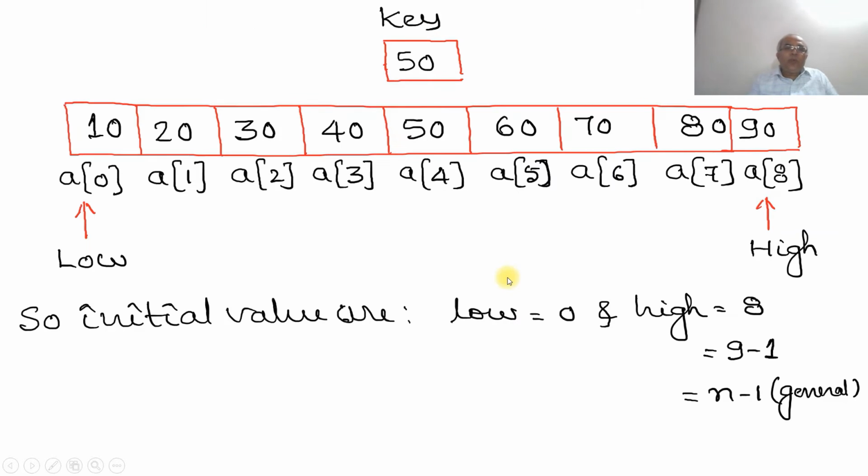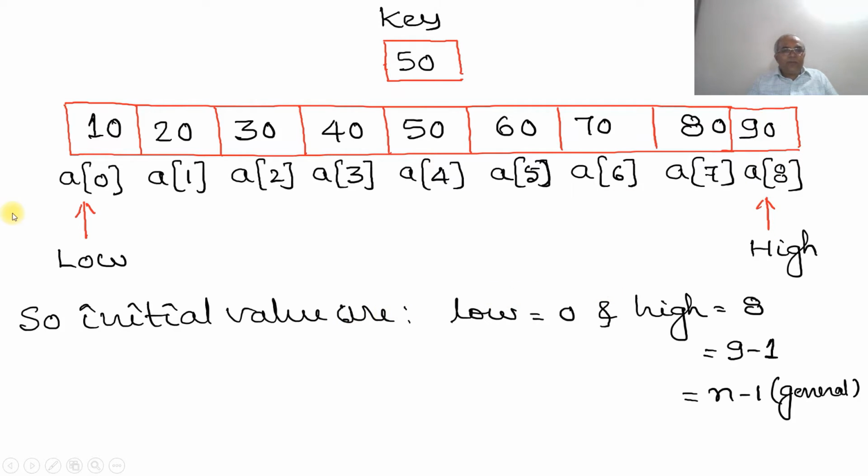So we have 9 elements in total, from position 0 to 8: 10, 20, 30, and so on up to 90. The lowest position is 0, which holds 10, and the highest position is 8, which holds 90.